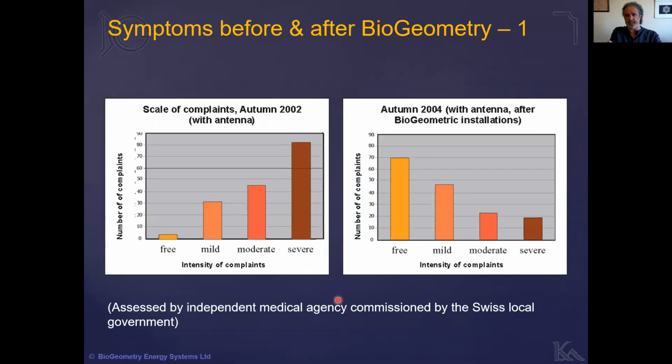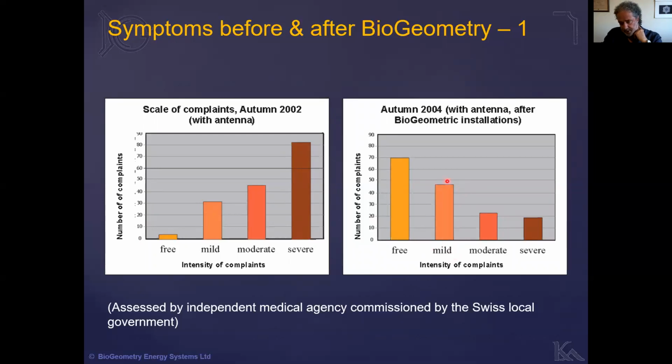Things like this, you obviously have to measure after a certain period of time, not instantaneous. If you look at the graph, it is nothing short of dramatic, because now look how many of them, the vast majority of them, 70 people, in fact, reported themselves to be free from symptoms.